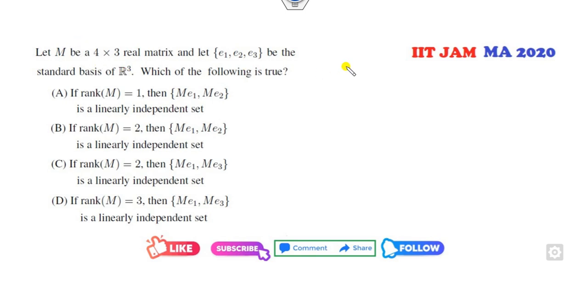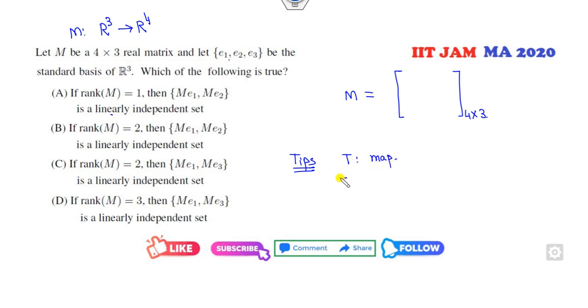Okay, M is my 4 cross 3 matrix. Fine. So what is the meaning of that? What is the matrix of this? It should be R3 to R4. Then only it's a 4 cross 3. Then it is a basis, Li. If T is any map, then it maps Li to Li.